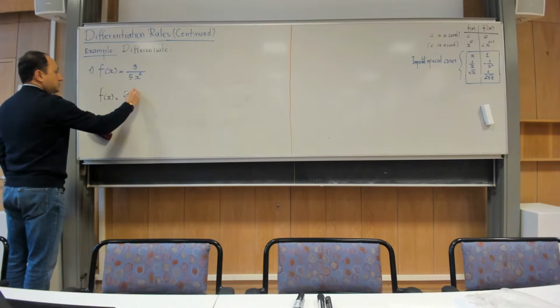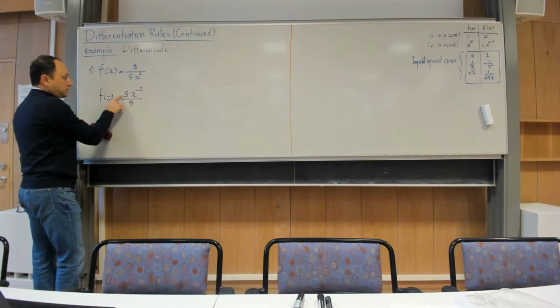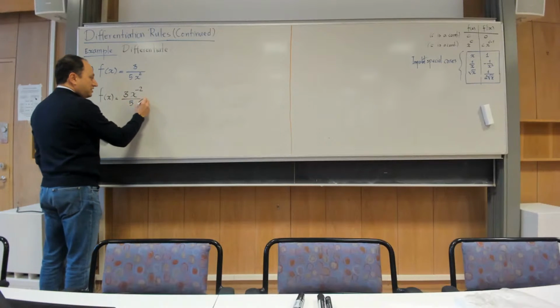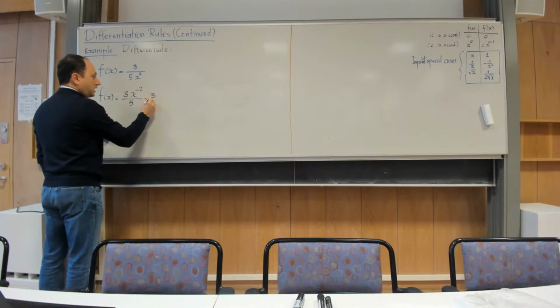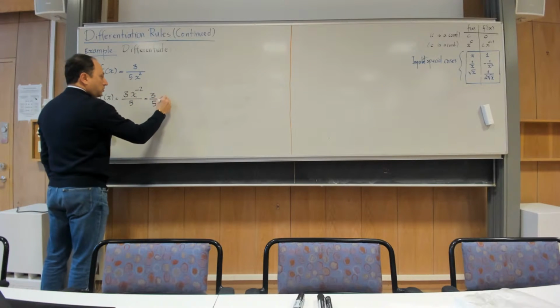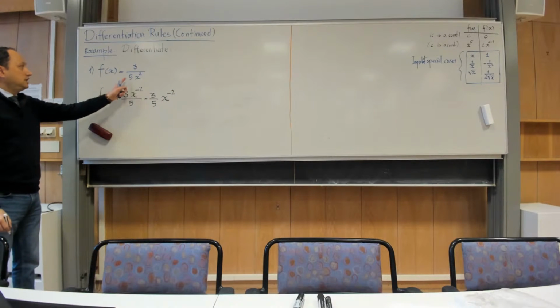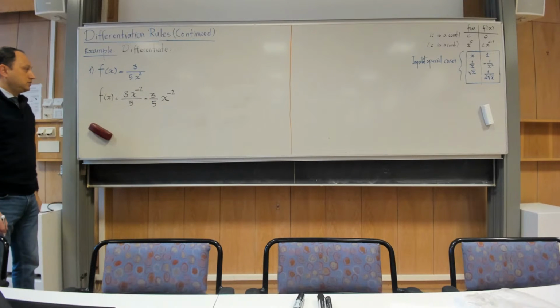It becomes x to the negative 2, and then you have the 5. I hope you realize that even though this is a fraction, it is not a very serious fraction because this is a number. So you can write it as 3 over 5 multiplied by x to the minus 2. You need to immediately write it in this form, and then everything is ready to differentiate.